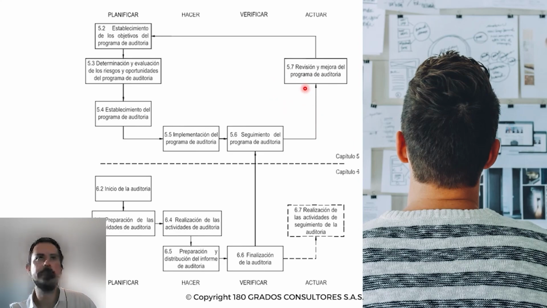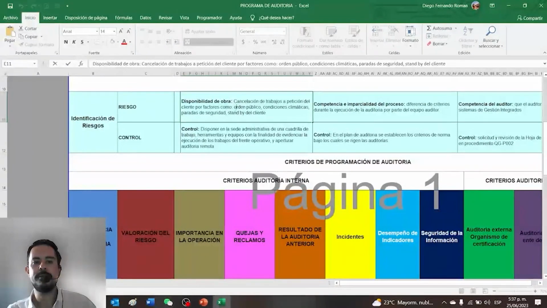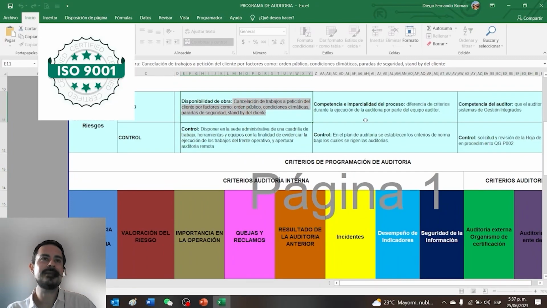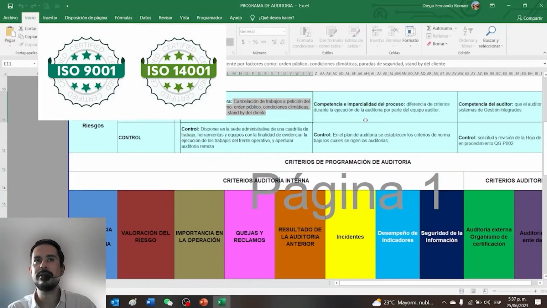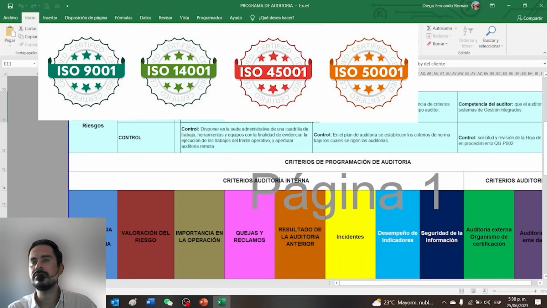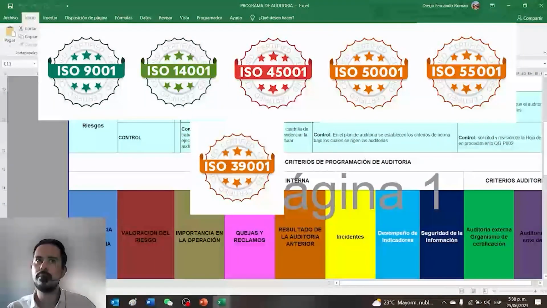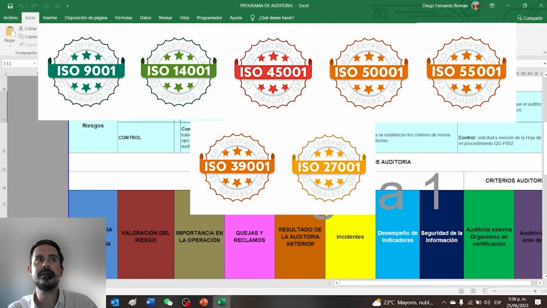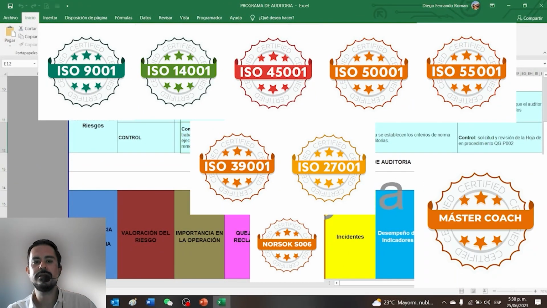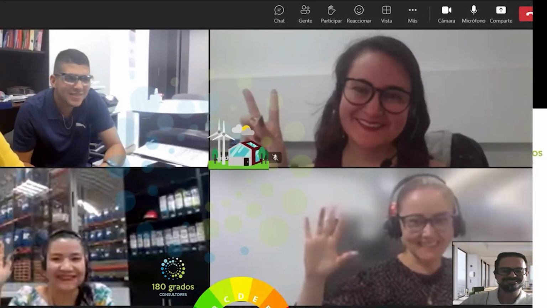I am a qualified auditor in a wide range of international standards, including ISO 9001, ISO 45001, ISO 50001, ISO 14001, and ISO 14067, which focus on energy management systems and carbon footprint respectively.